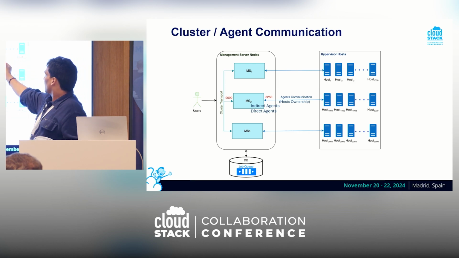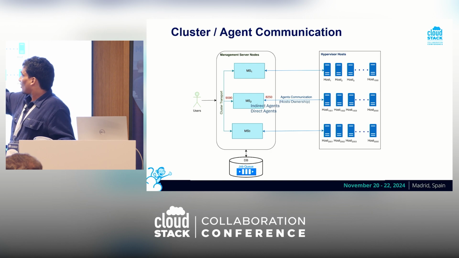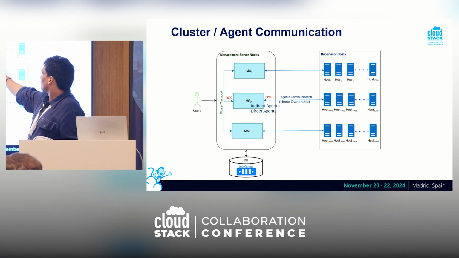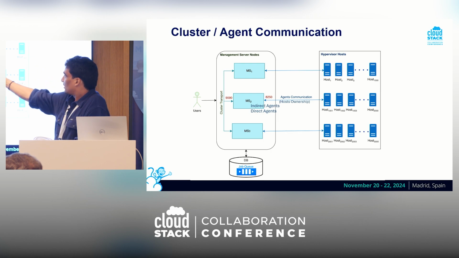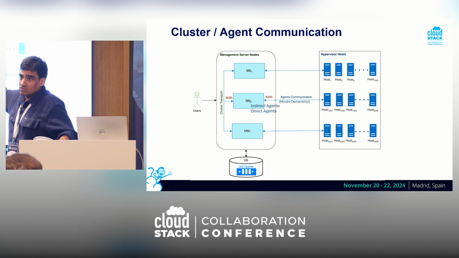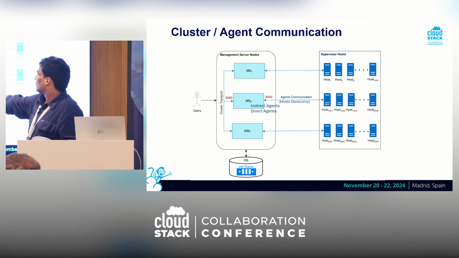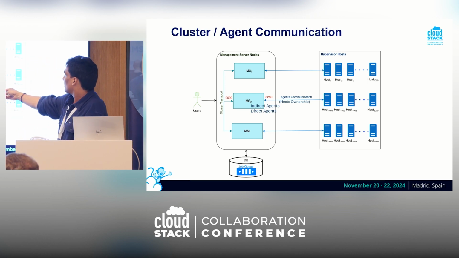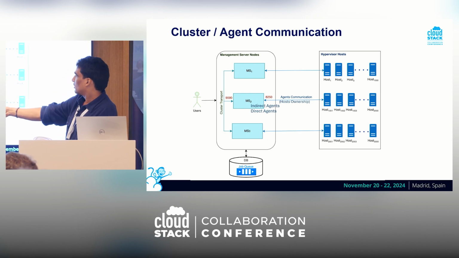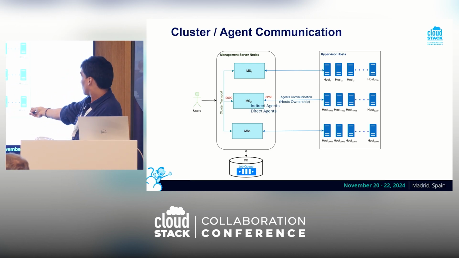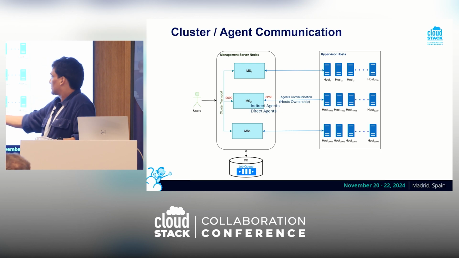That means whatever operations I have to do on host 1 to host 1000 will go through MS1, management server 1. Similarly, operations for 1001 to 2000 will go through MS2, and 2001 to 3000 will go through MS3.